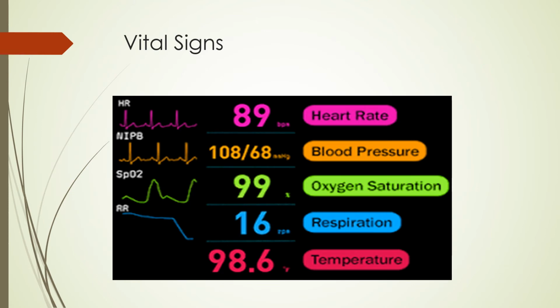Okay, we always say we start with vital signs: your heart rate, blood pressure, oxygen saturation, temperature, respiration, and always know your normal vital signs. That's in your book on page 2437, Table 34.3. Know normal vital signs for your adult and your older adult. Okay?